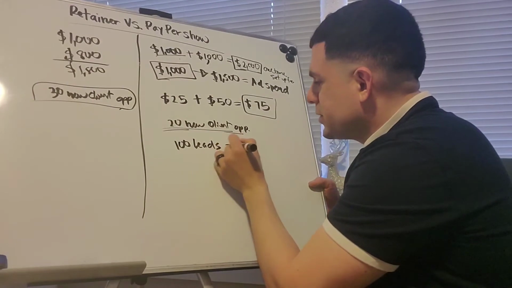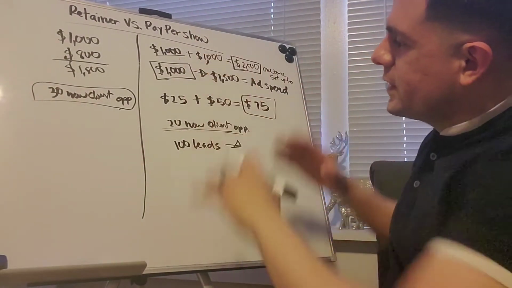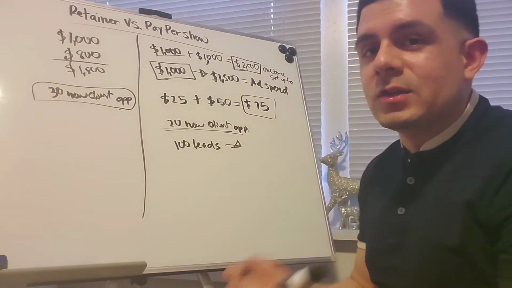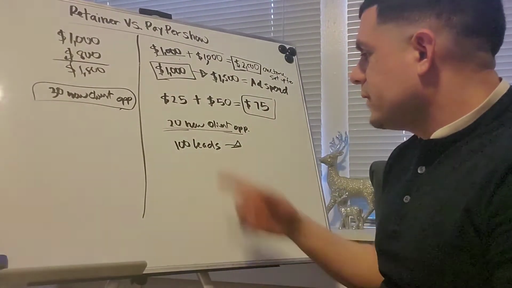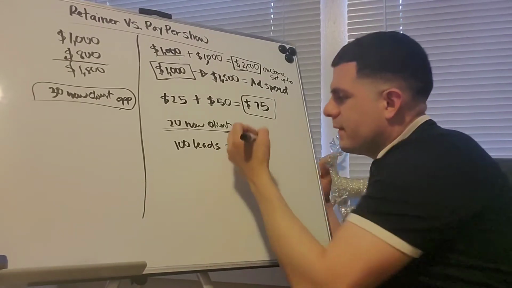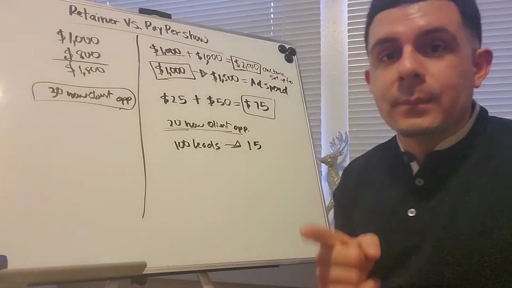Now, out of those 100 leads, through everything that happens on the back end, the conversations, the nurturing, let's say 15 show up in person.